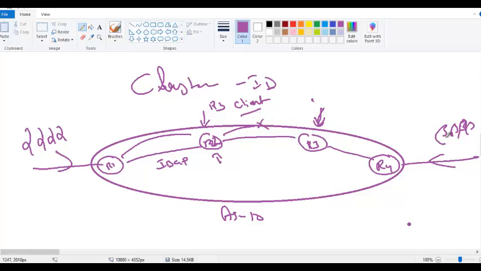Now for beta to be learned, I make this a client and this a server. So I go here and say router 2 is your client.